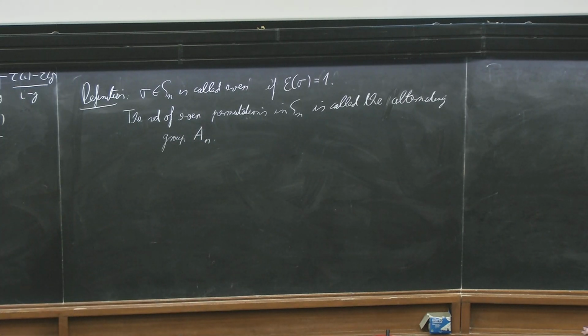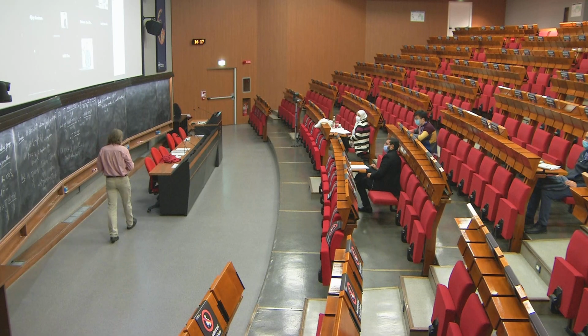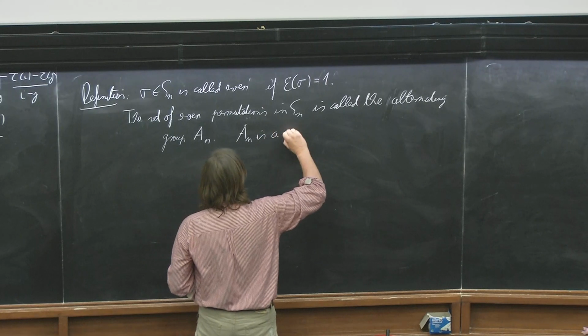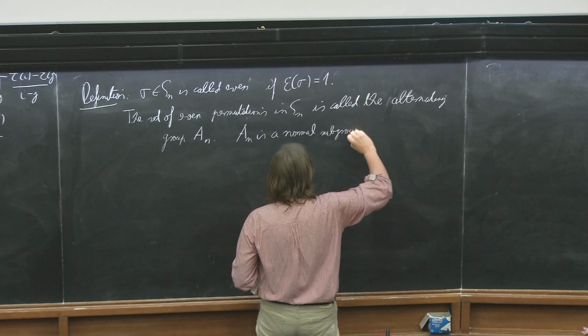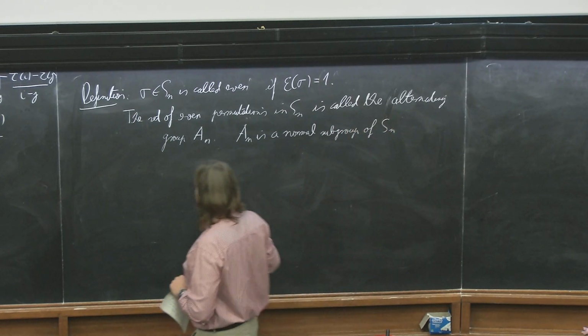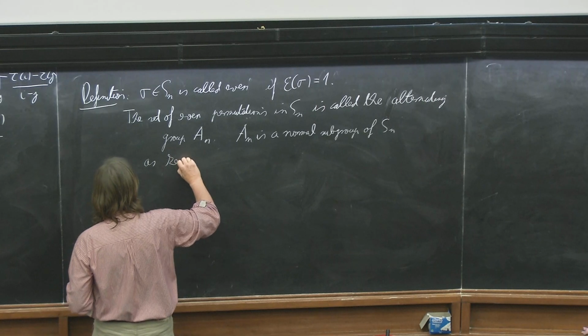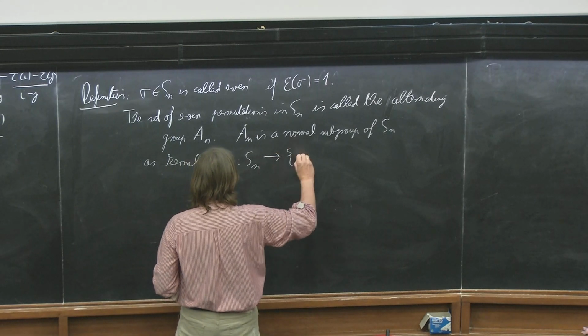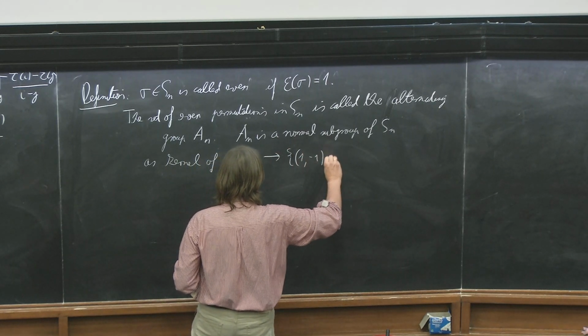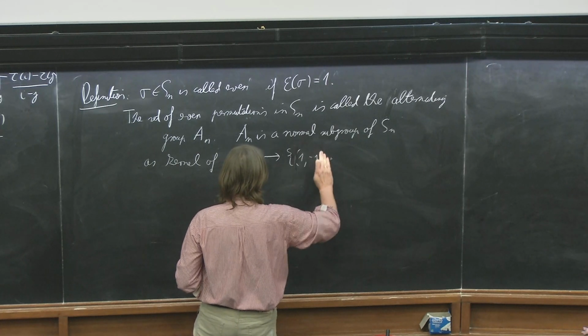Clearly, as it is by definition the kernel of this homomorphism epsilon from Sn to the group 1, minus 1 with multiplication, it's a normal subgroup of Sn.